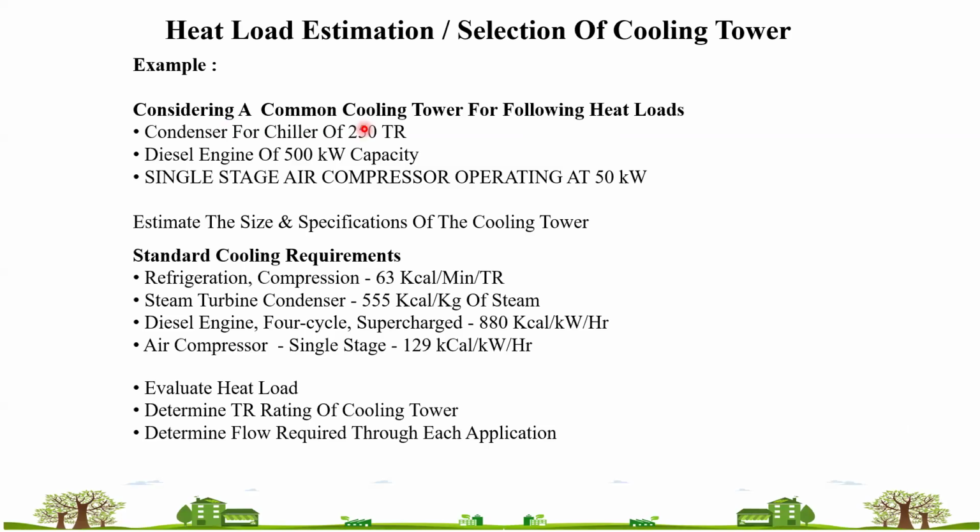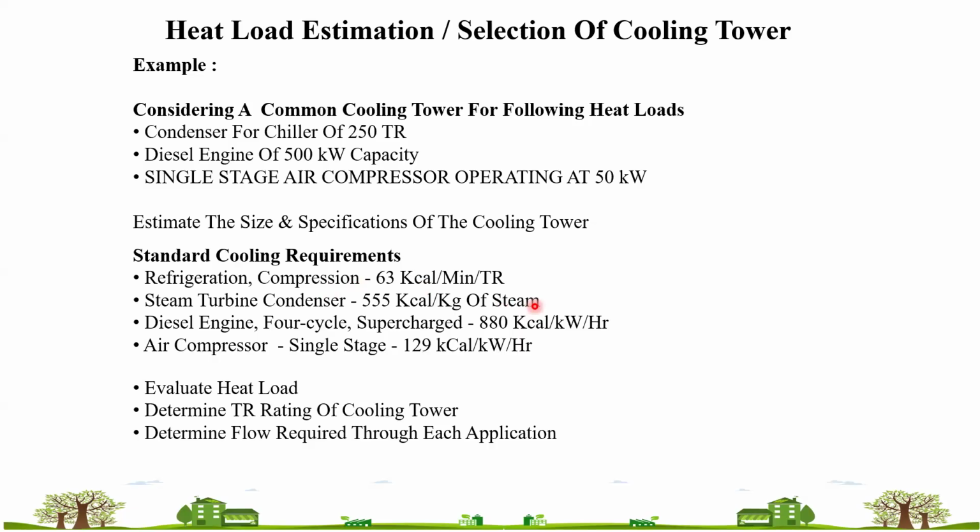These are some heat load estimation thumb rules for cooling tower requirement in your refrigeration cycle. You will require 63 kcal per TR. That's a thumb rule, it is not exact, but you will require 63 kcal per TR for the chiller to size the cooling tower.